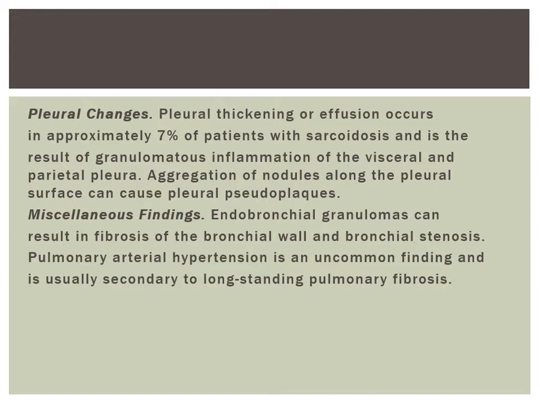There are other findings, like endobronchial granulomas, which can result in fibrosis of the bronchial wall and bronchial stenosis. Pulmonary arterial hypertension is an uncommon finding and usually secondary to long-standing pulmonary fibrosis.